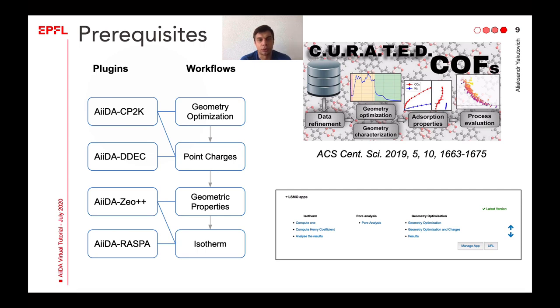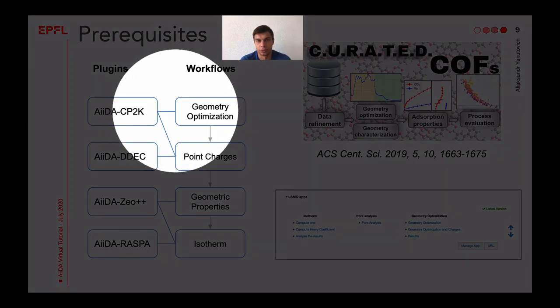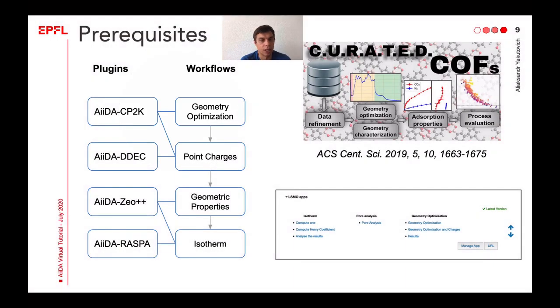However, the work chains we had to develop for this project. Once the structure is optimized, what we need to do next is to compute point charges. Since we are going to use force fields for the next study, and those force fields do not contain the atomic charges, we had to compute them using CP2K.